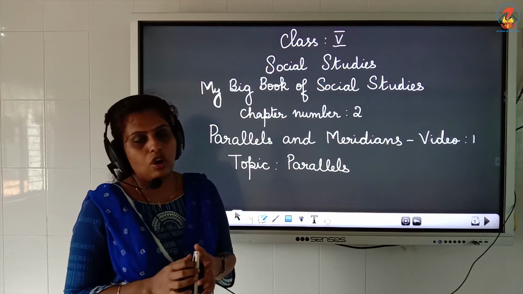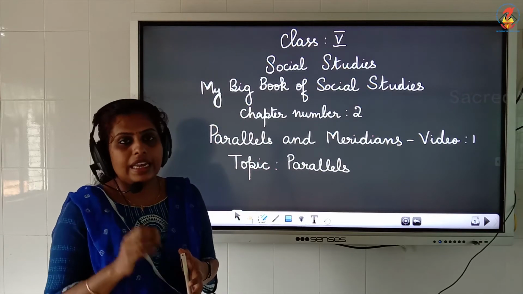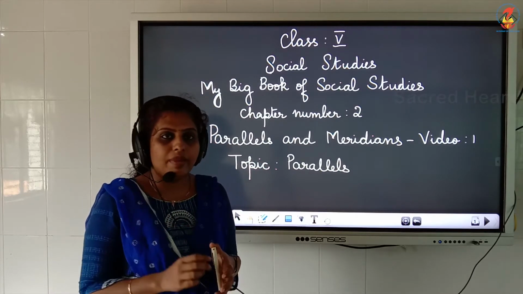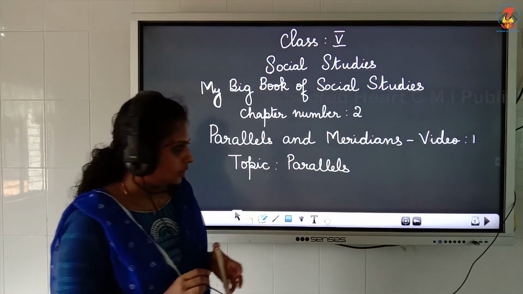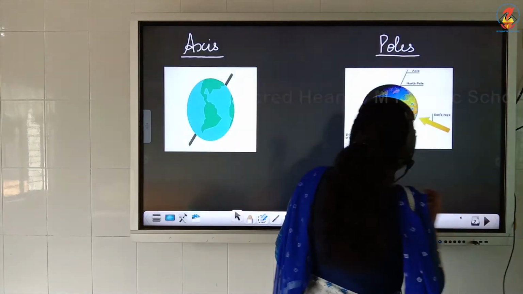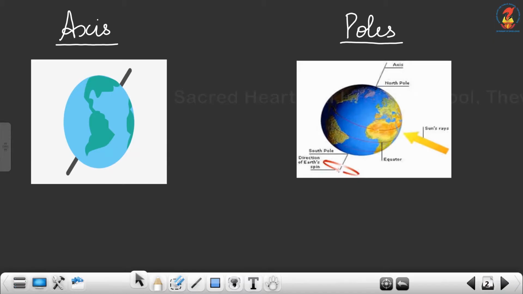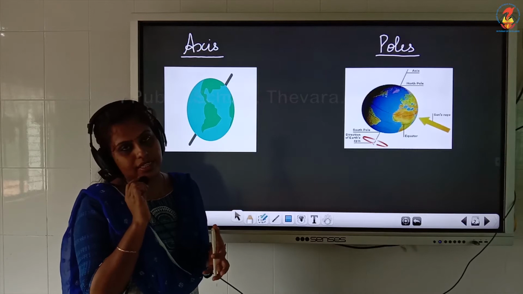Before we move on to the imaginary lines, let's see which imaginary line passes through the center of the earth. Yes, the imaginary line that passes through the center of the earth is called the axis.